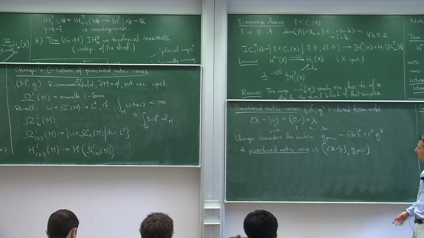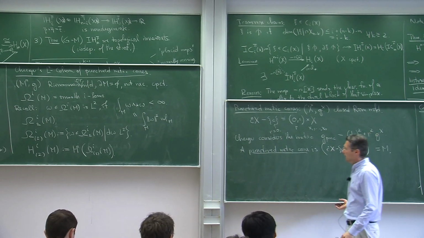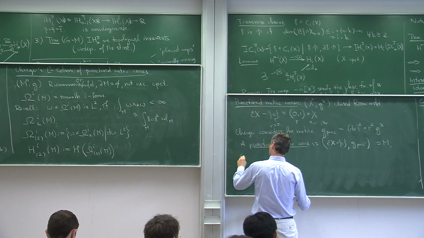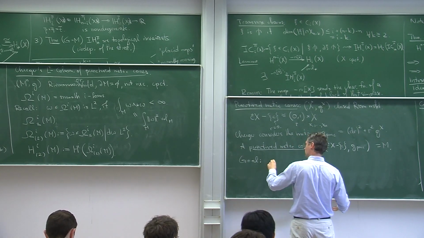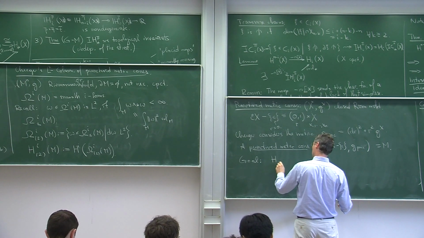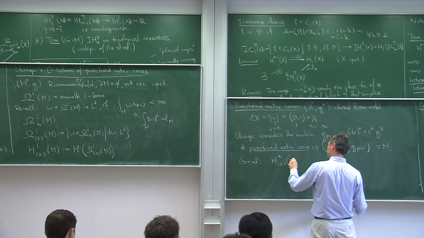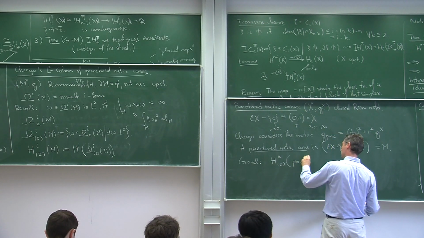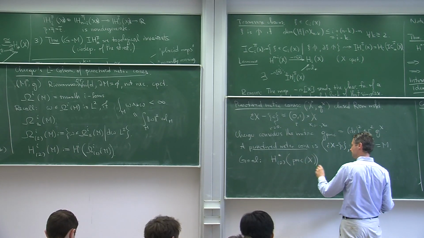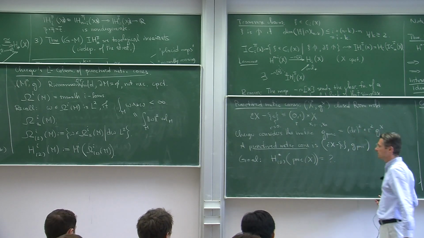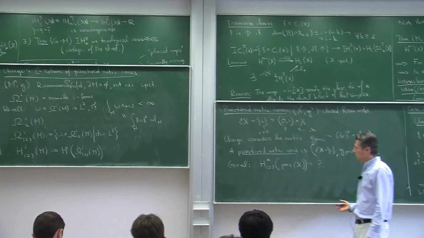So this would be an M, such as before. And again, we want to understand the cohomology of this cone, but now the L2 cohomology of this punctured metric cone on X. This is what we want to understand ultimately.